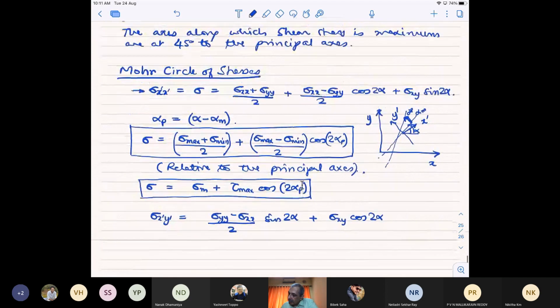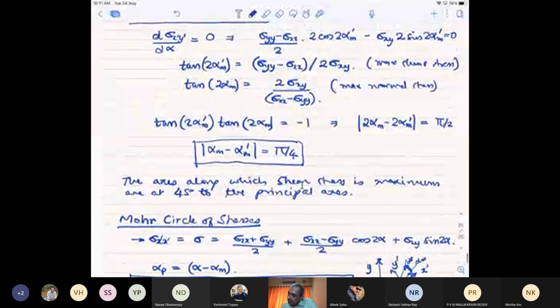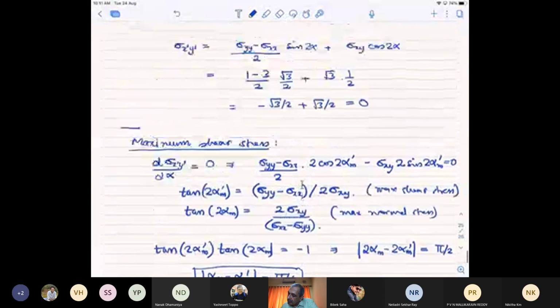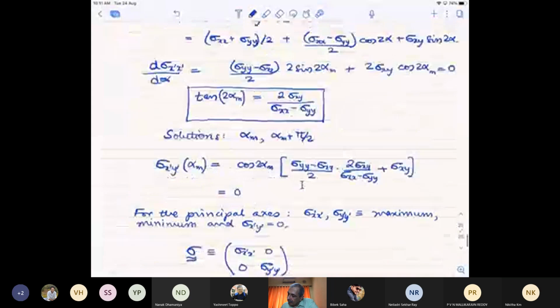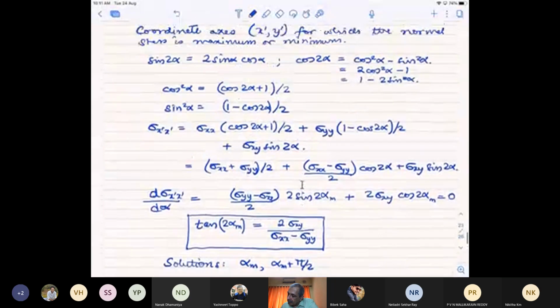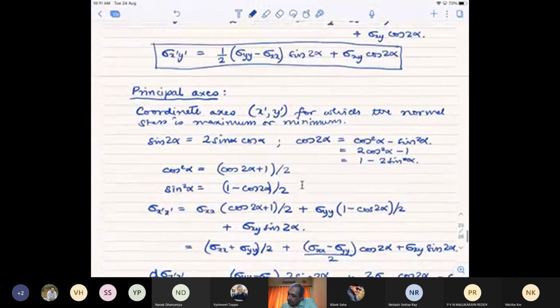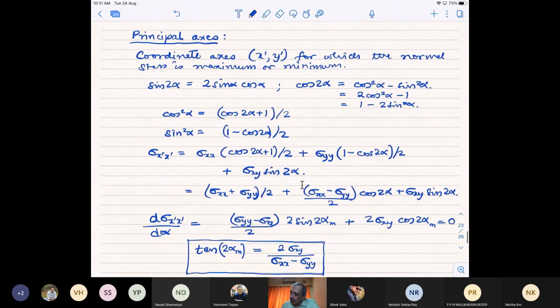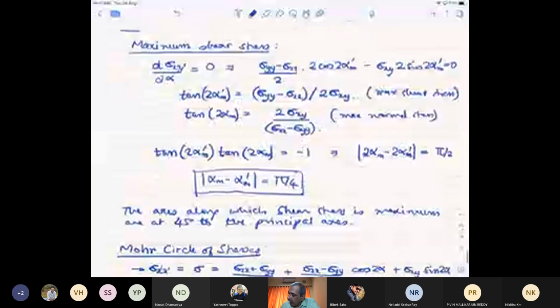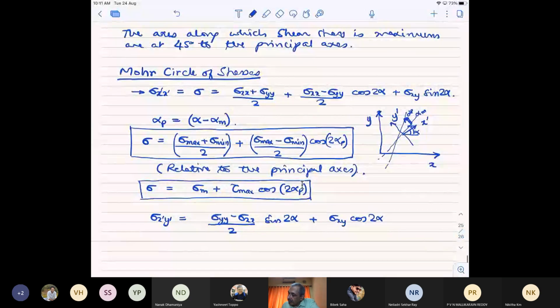Correct? This is what I had written down earlier also. So this is when we write it in terms of alpha.